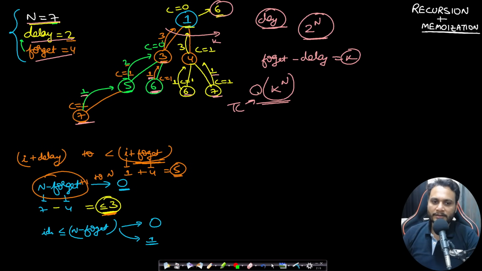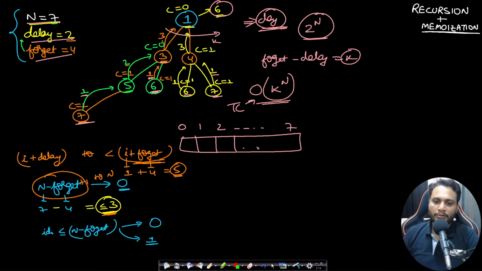We have already seen in the constraint section. And therefore if we know that there is only one variable which defines the result, then why not save the result? So what we will do is create a table of size n, ranging from 0, 1, 2 and going till 7. And whenever we find the total count for a certain value, like let's say for this 5 I find that the count is 1, for 6 I find that the count returned is 1.